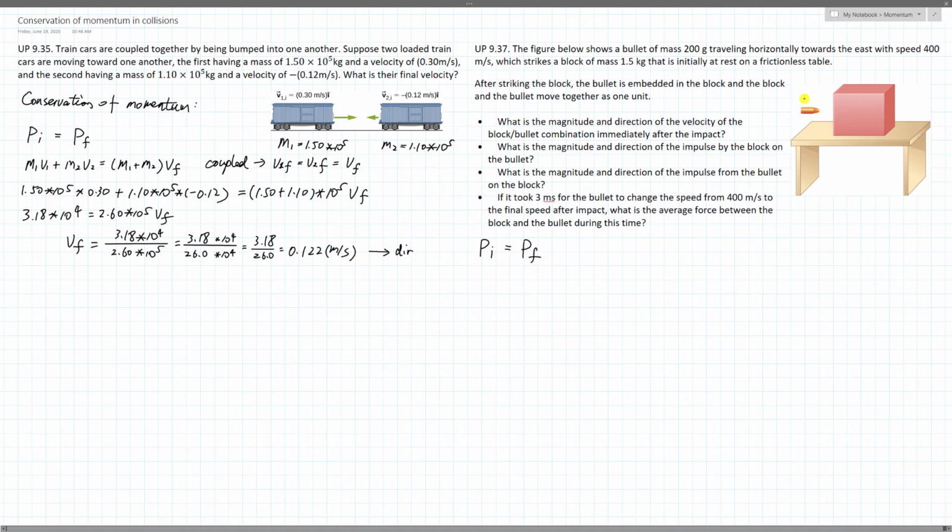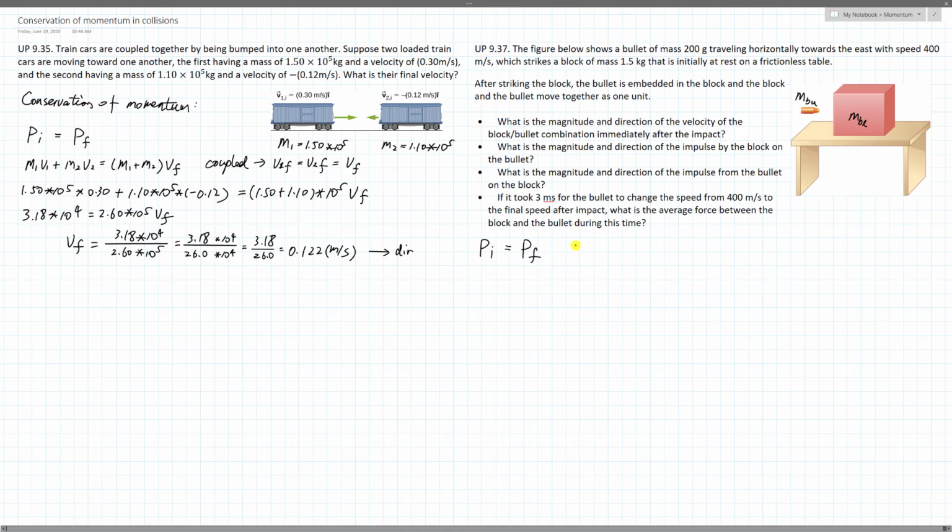How about we give it some symbols? This is M, because it's a bullet and block, right? M bullet, M block. I would probably call it M wood and M bullet, but let's just respect the questions. Whoever wrote it.